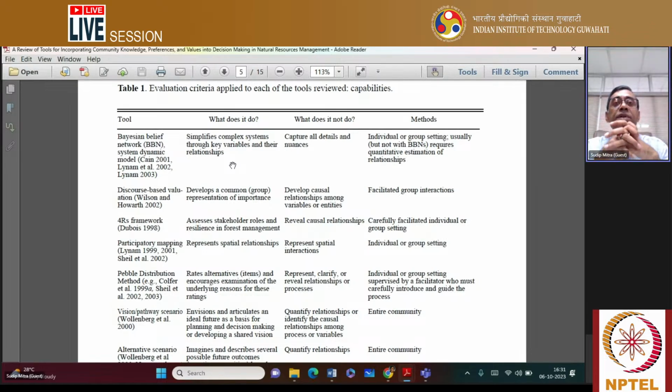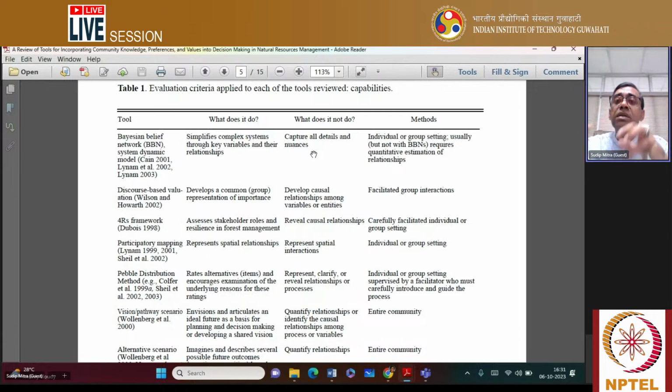So the BBN network can be used for that. And what it cannot do is capture all details and nuances. If you capture all details and all nuances, they may certainly create some problems in the process of your judgment.